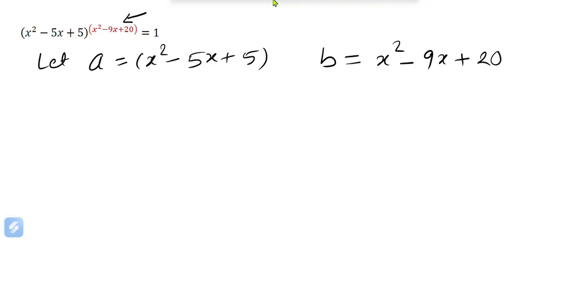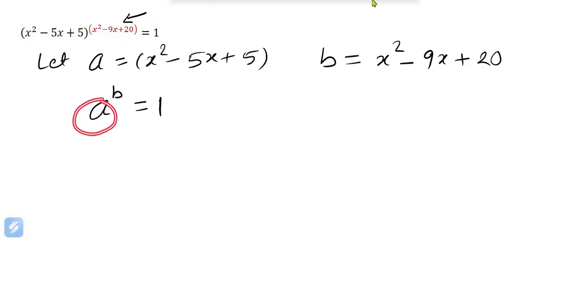That simply means this is in the form of a to the exponent b equals 1. So simply we assume this is a and this value is b. That's why a to the exponent b is equal to 1.